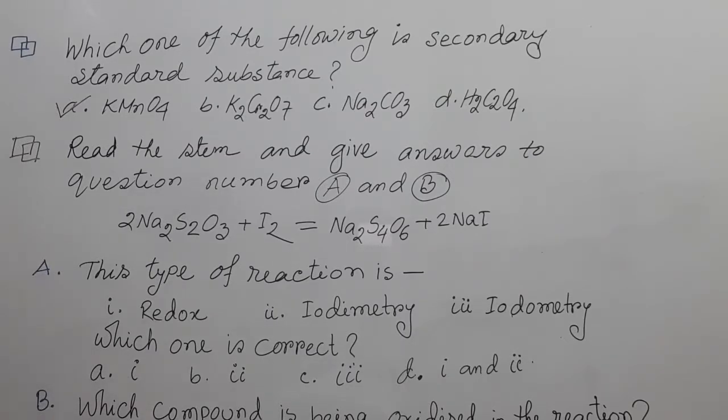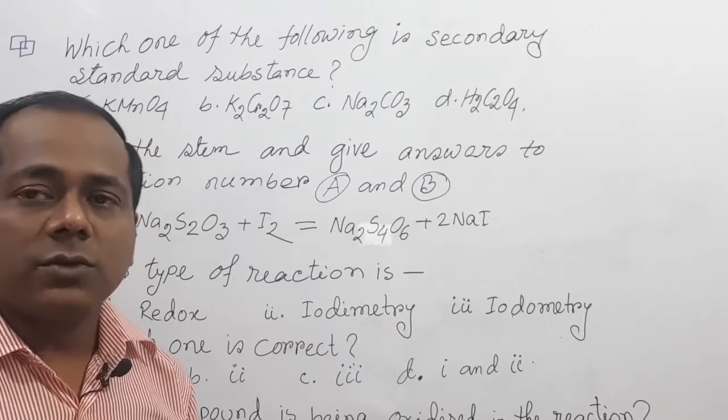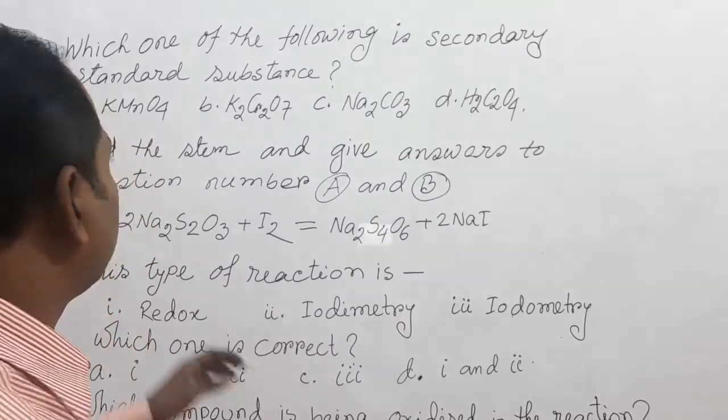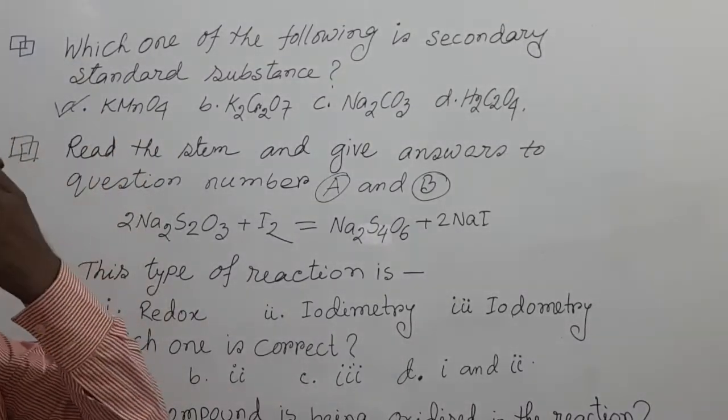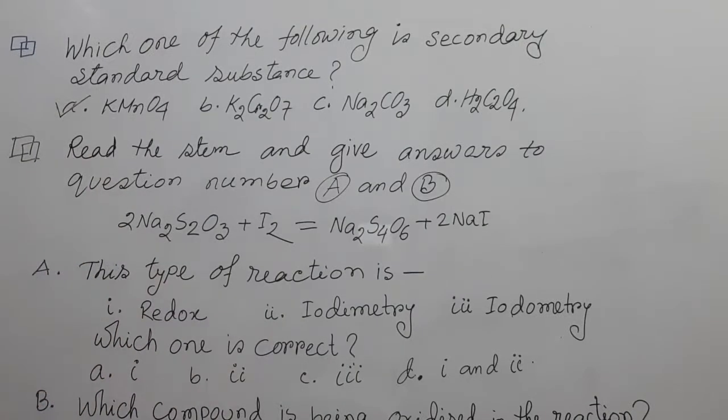The substance which exists in nature in an impure state, is attacked by components of air such as carbon dioxide, oxygen, and water, and whose concentration changes with time is known as a secondary standard substance. So according to our discussion, potassium permanganate is a secondary standard substance. So option A is correct.